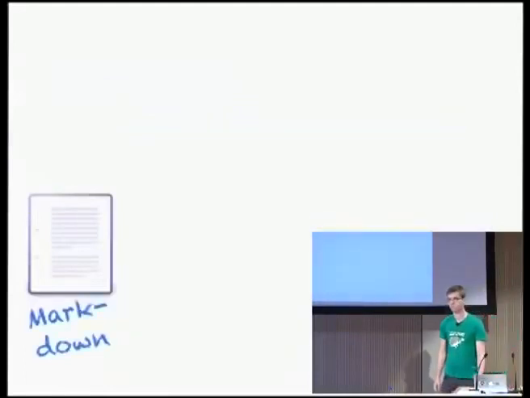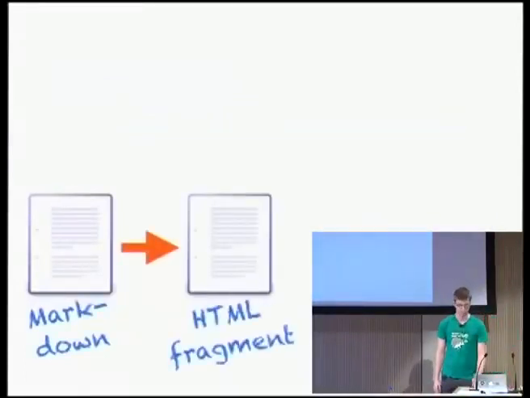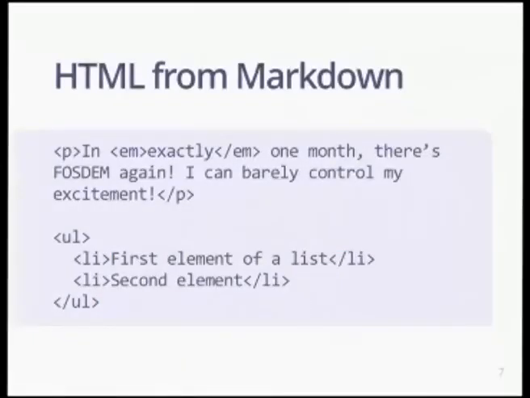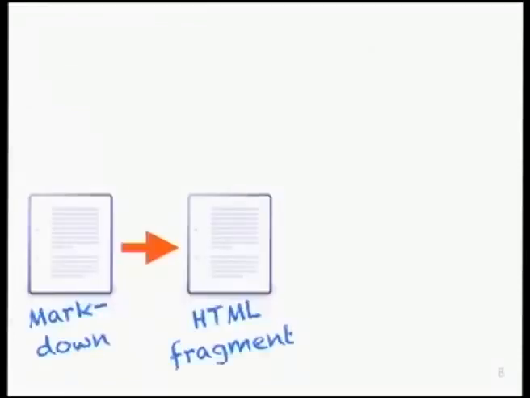And that Markdown document can then easily be converted to an HTML fragment, which looks like this. So you have actual HTML coming out of there. But that HTML fragment is not entirely valid HTML yet because it's lacking a header and a footer and a sidebar. So that content is in a layout.